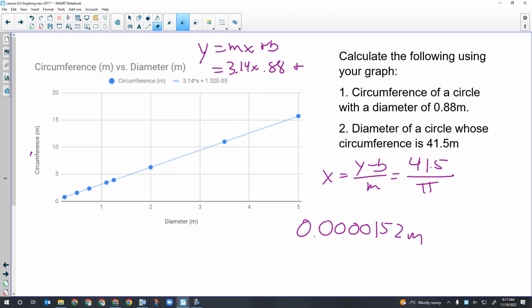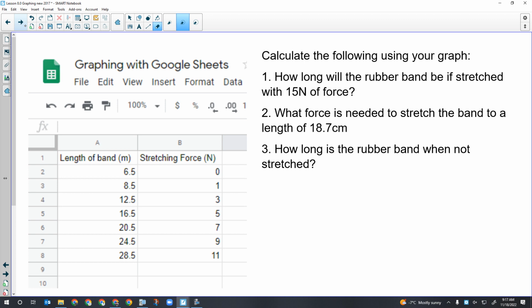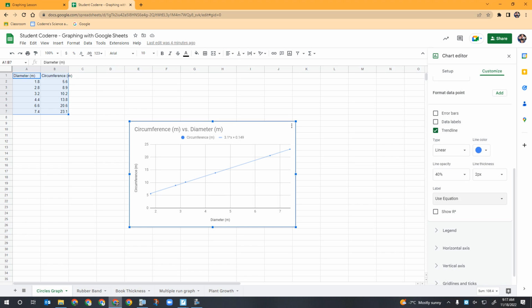All right, then I would like you guys to do this one here on the rubber band. It's called rubber band graph when you go into the Google Sheet.